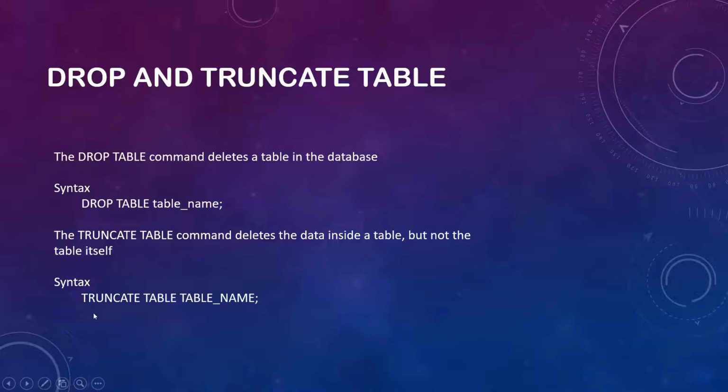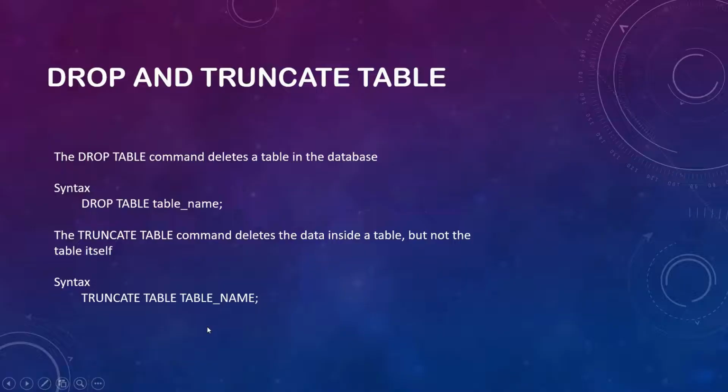And this is the truncate table command, where you need to write truncate table, then the table name. Here you will have a table, but the data inside gets deleted. You will not get the previous data, but you will keep the column names and the table.